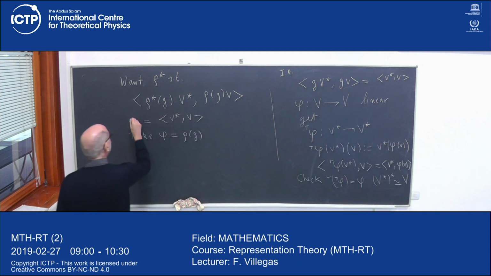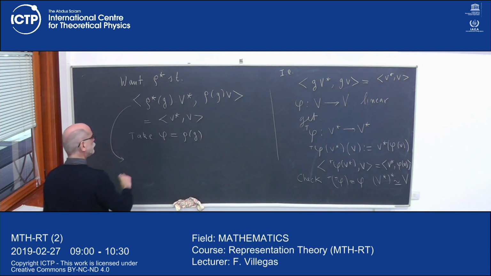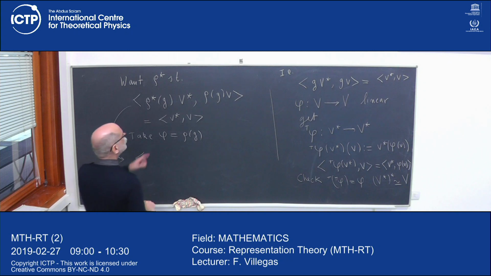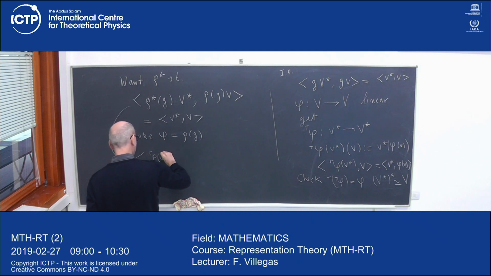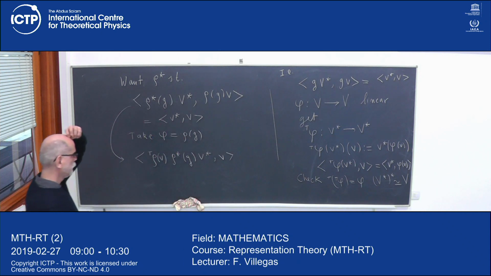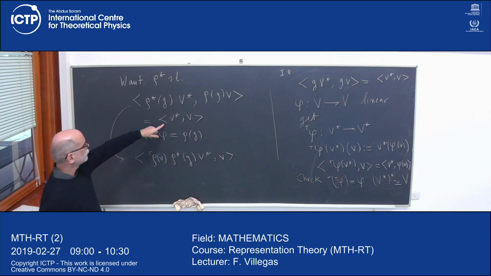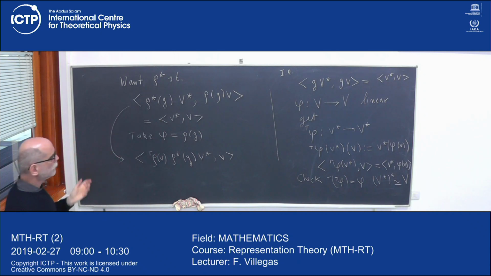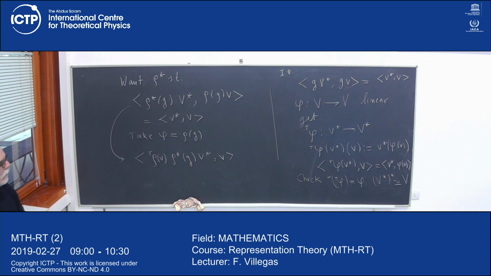So what we get is that this first left-hand side is equal to putting this phi over here with a transpose. But this is required to be equal to this, and v and v dual are arbitrary.